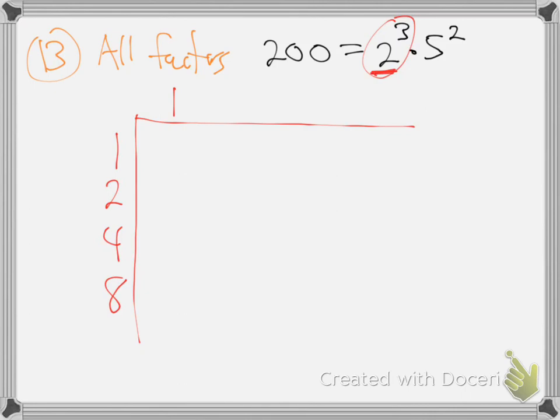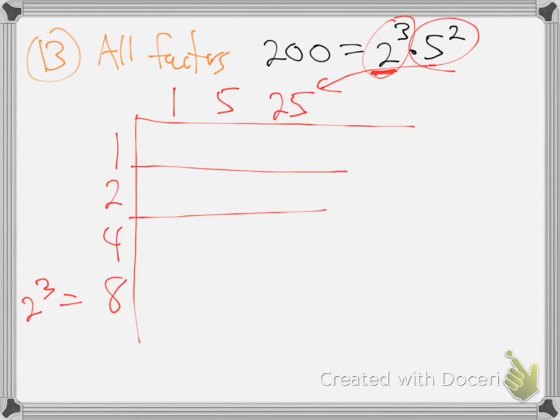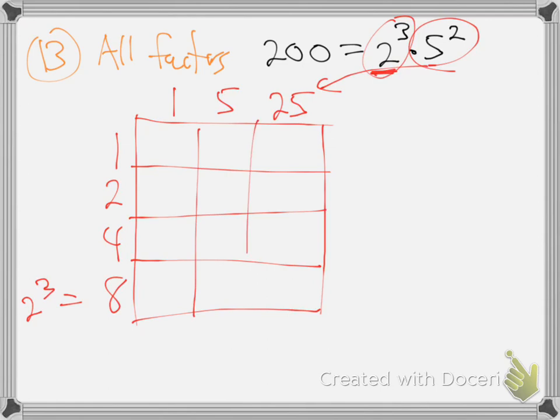So that is 2 to the third. We good there? And then across the top, you take the other prime, times 5, until you get there. And you make those into rows and columns.